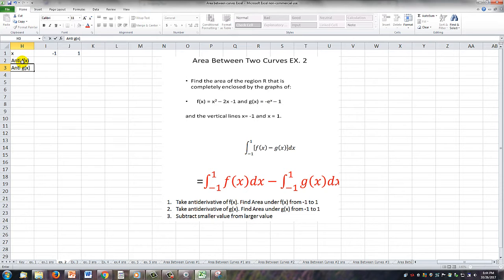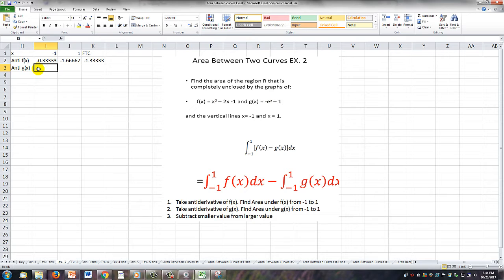We'll take the antiderivative of the first one, which equals x cubed divided by 3 minus 2 times x squared divided by 2 minus 1 times x. Drag it over, and then find the area under that curve by doing the upper limit minus the lower limit.